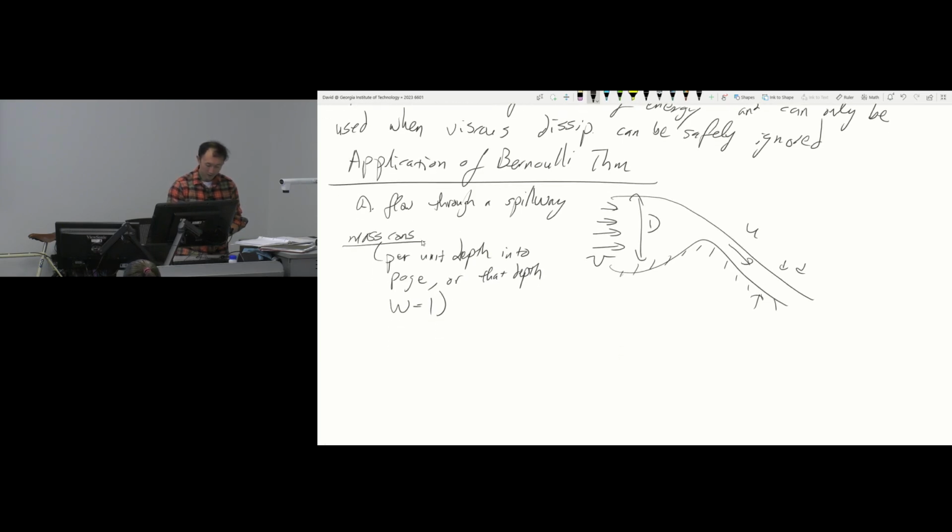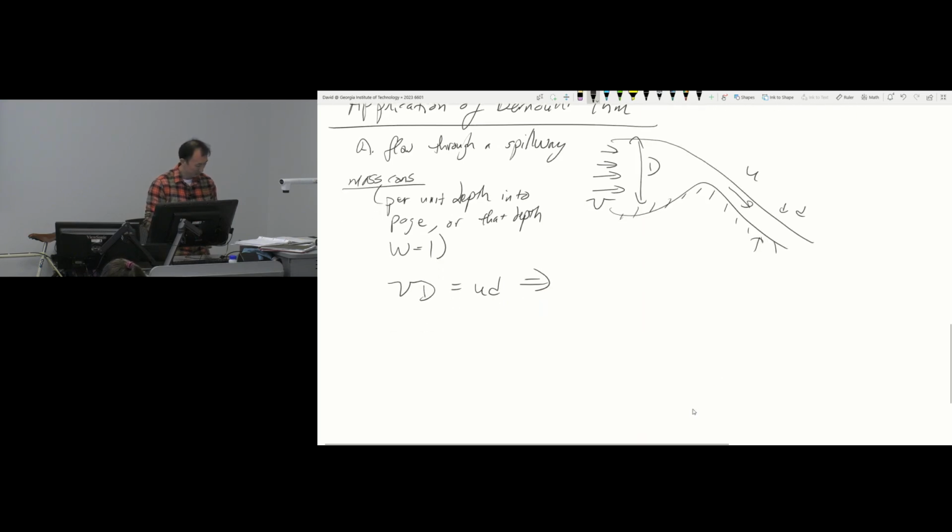So mass conservation tells us that what's going in, V times the area, which is per unit depth in the page, V times D, is equal to what I call U times little d. So that tells us how V and U relate according to the geometry.